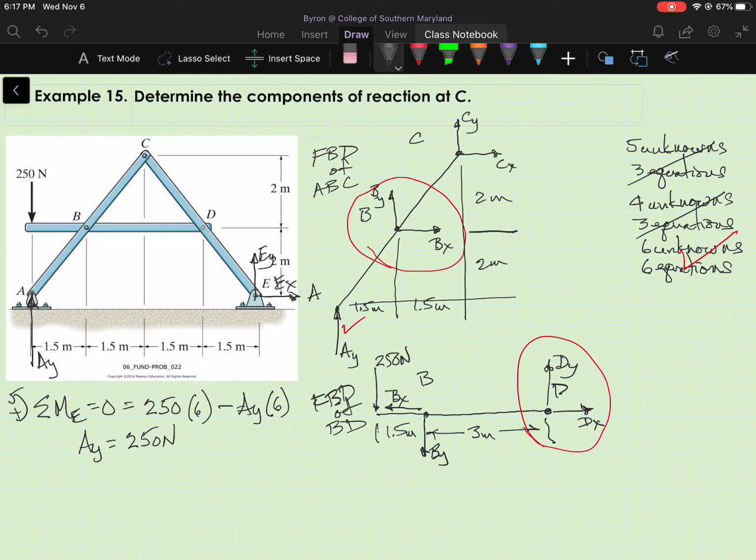Okay, so what I need to do here is solve for, I have 4 unknowns on my first free body diagram. I need to solve for either B sub y or B sub x in the second free body diagram, using the second free body diagram to decrease the number of unknowns in the first free body diagram down to 3, and then I should be able to solve for C sub y and C sub x.